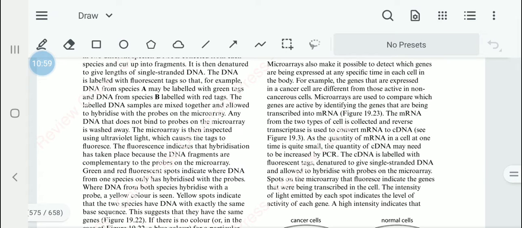If two samples are being checked and a combined color is provided, it shows that both of the species have similar genes with the exact same base sequence.